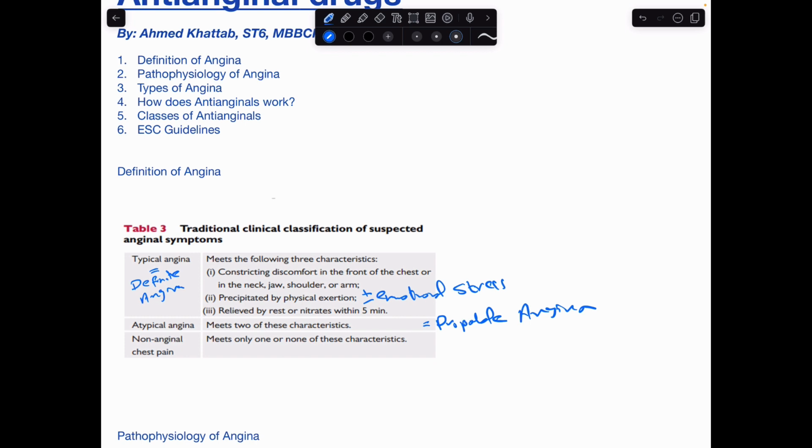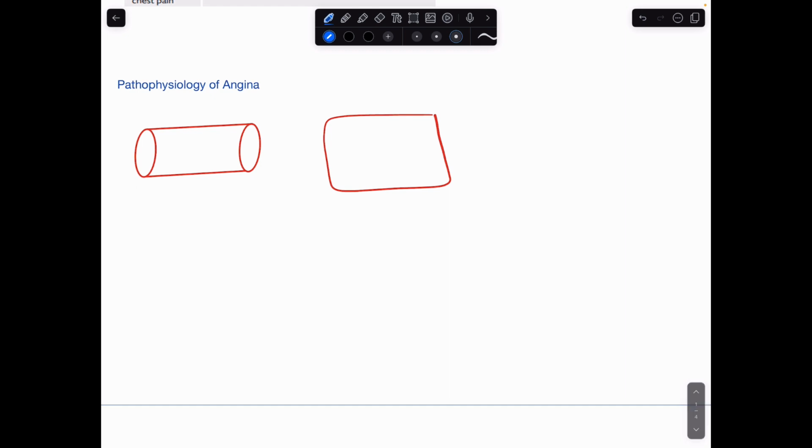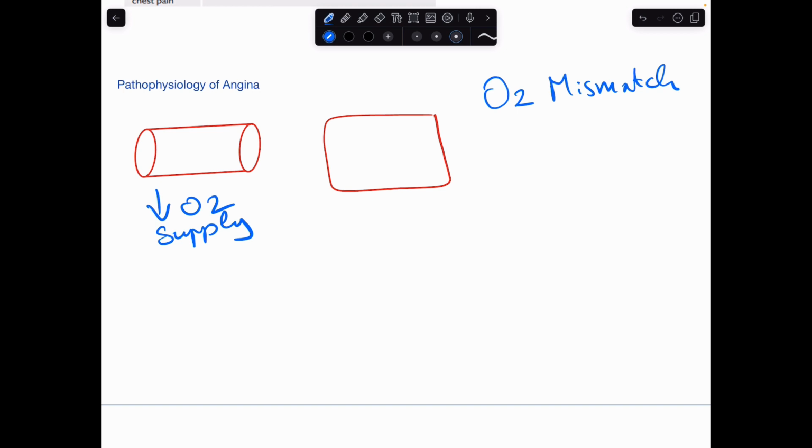So next we're going to look at the pathophysiology of angina, and essentially we're looking at the coronary vessel. The pathophysiology of angina is basically one word: oxygen mismatch. It's either decreased oxygen supply or increased oxygen demand, or a combination of both.